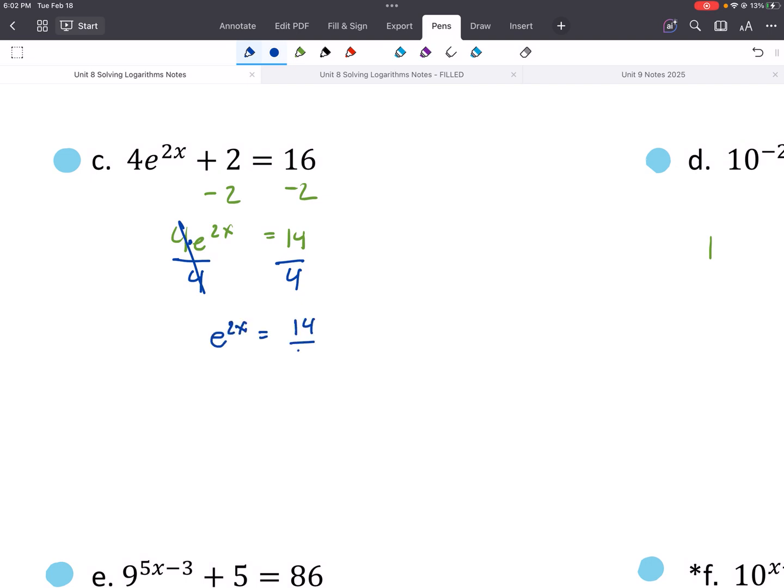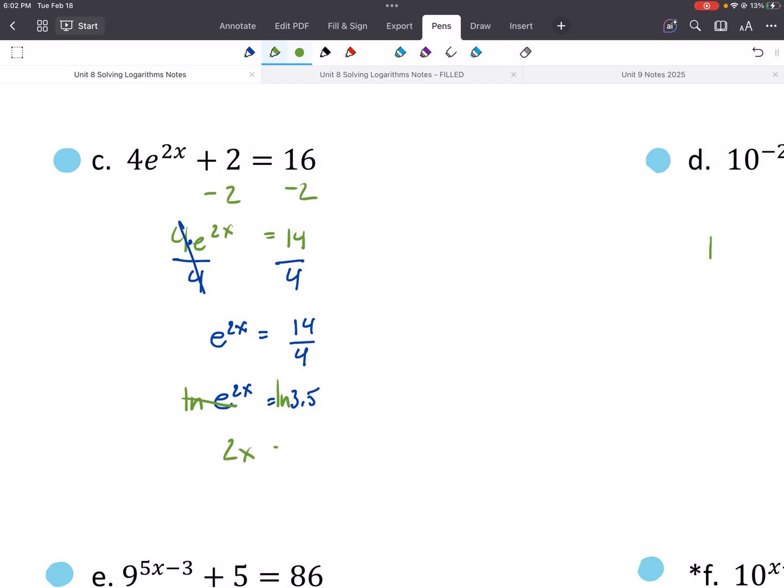We can either leave it as a fraction, or you can see if you can reduce it. If the decimal keeps going forever, then you're going to want to keep it as a fraction. So this one I think ends up being 3.5. So you could have it either way. Next, we'd want to get rid of the e using a natural log.